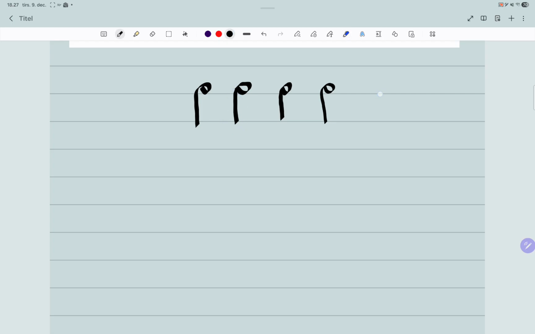You notice alif has the same, but alif is above the line, while meme, this part which is like an alif is below the line. Secondly, you notice that meme is said by placing the upper lip and lower lip and closing them together and releasing. Meme.